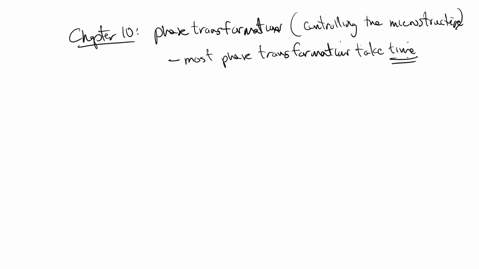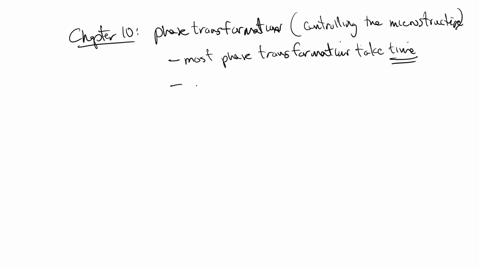We didn't talk about that in chapter 9. We just said that we hold it long enough so that equilibrium occurs. In fact, you have a homework problem on chapter 9 that talks about what does equilibrium mean. Well, it means holding long enough so all the things can settle the way they want. That means diffusion might occur and things like that. All right.